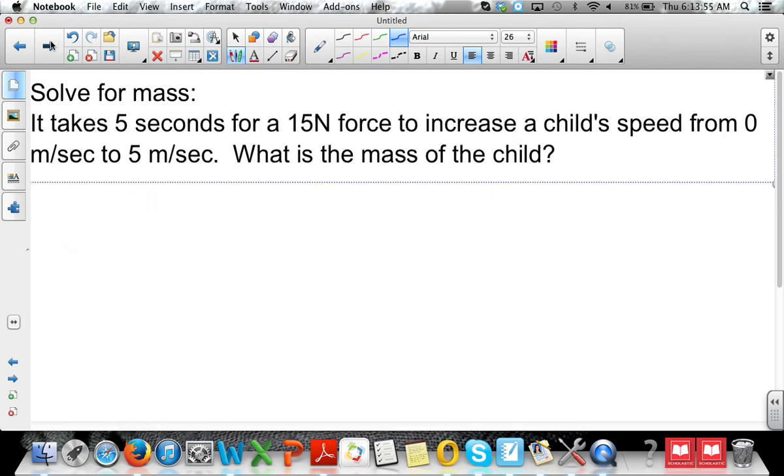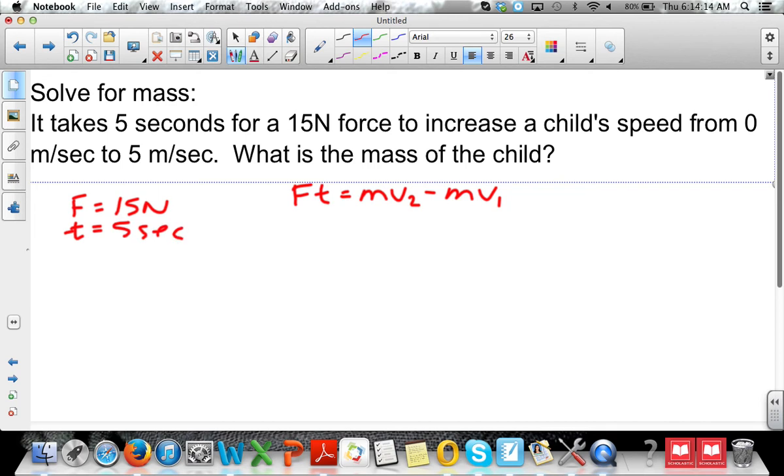Next one, solving for the mass. Okay, we've got Ft, write your whole formula. Okay, and then identify all your variables. So F, 15 newtons, T, 5 seconds. M is the one we don't know. We're looking for the mass. V2, I ended at 5 meters per second, so that's V2. And we started at 0, so that's V1.